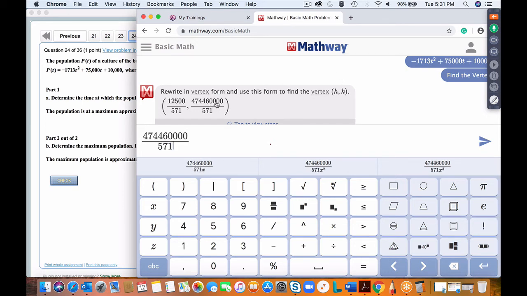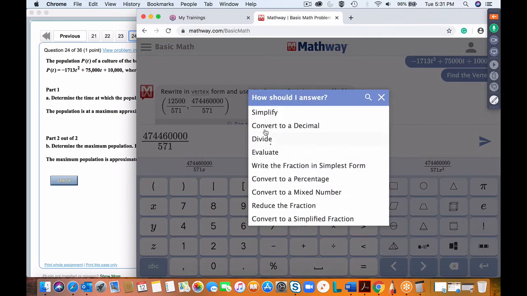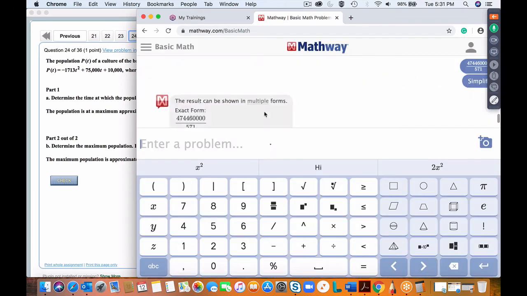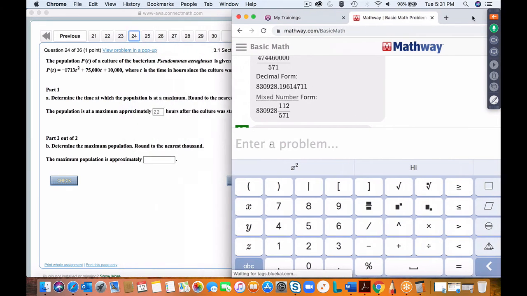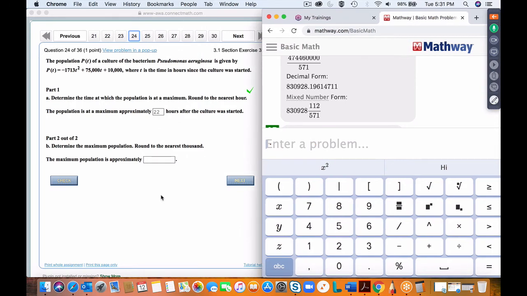We say simplify, and then they give me this big number. So that's the population.